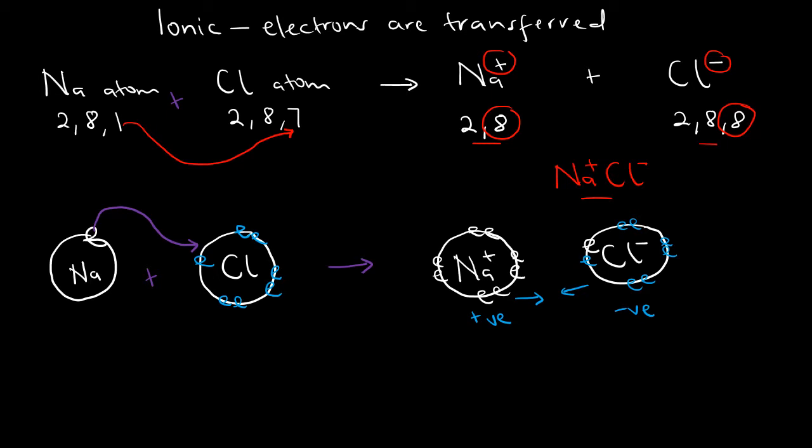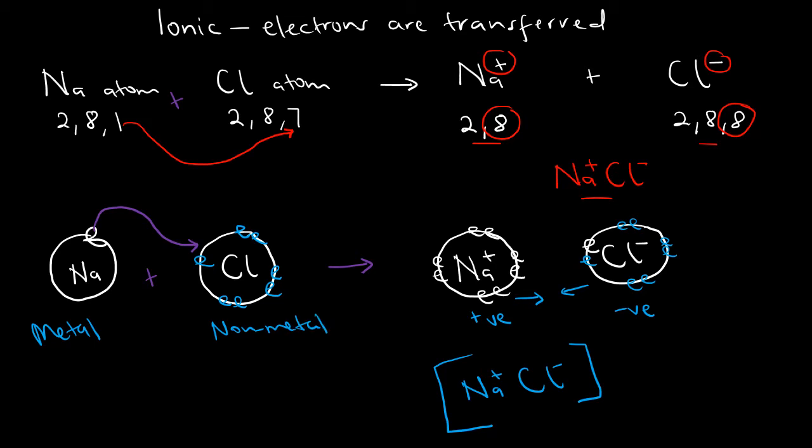We shall have something like this. We'll have our sodium ion and then our chloride ion being brought together to form the ionic bond of sodium chloride. As such, we shall say we have formed sodium chloride by the transfer of electrons from the metal to the non-metal.